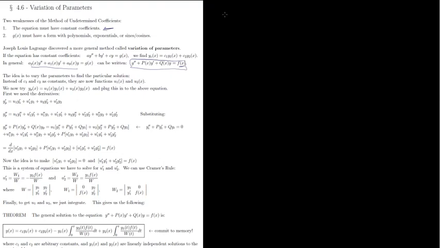So just as an example, suppose that your f of x is, say, tangent x. The problem is the method of undetermined coefficients won't work for tangent x.